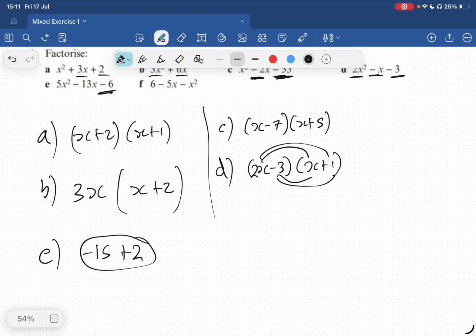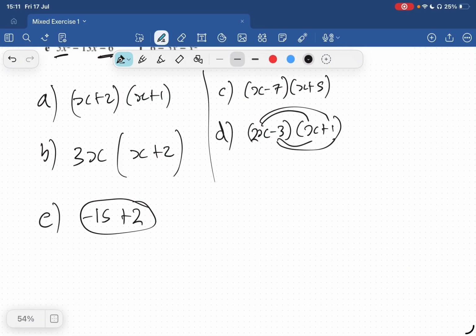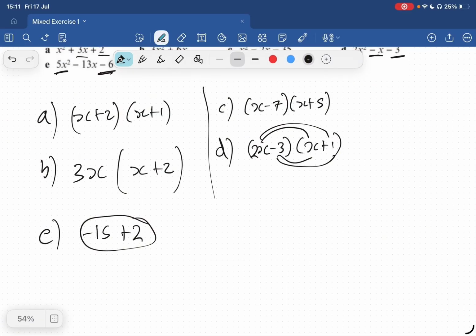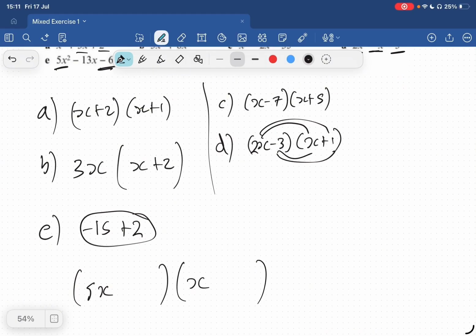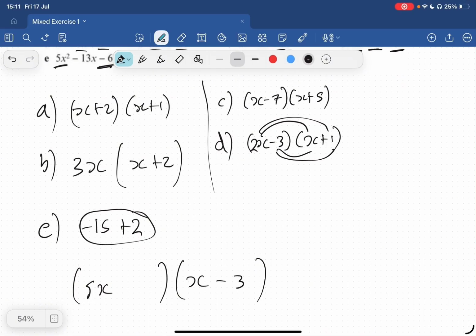Now we need to think of how we're going to work this in with the 5. Let's just write 5x here, because we know it's going to take this format. 5 times our negative 3 will make our negative 15.